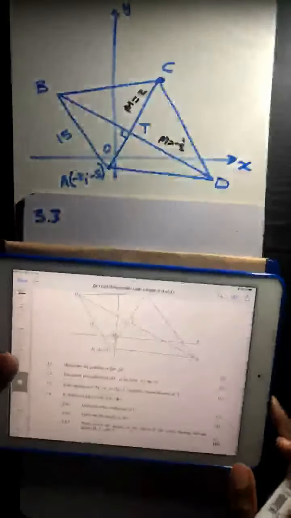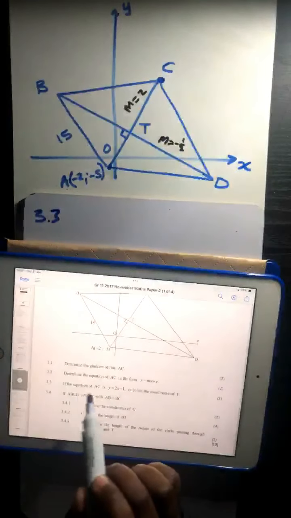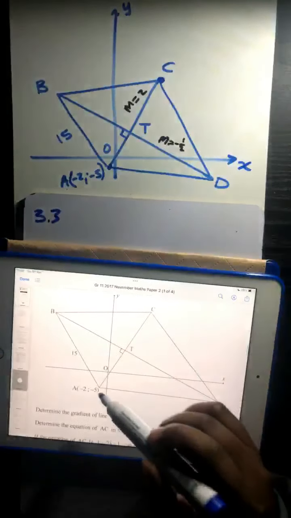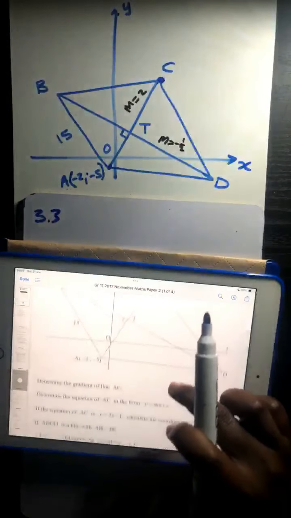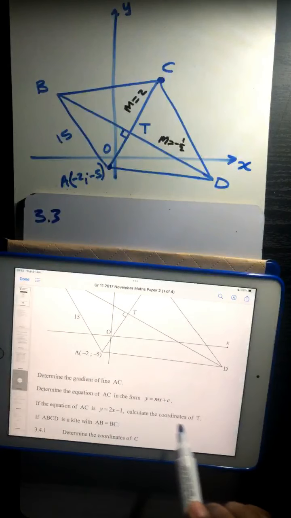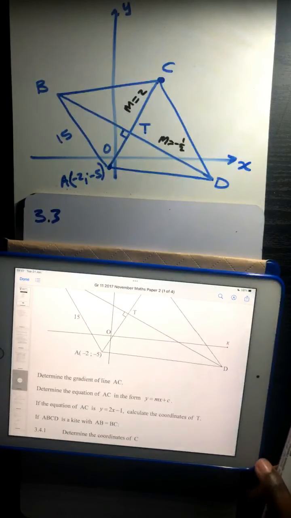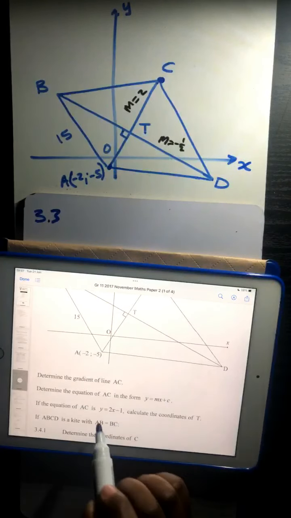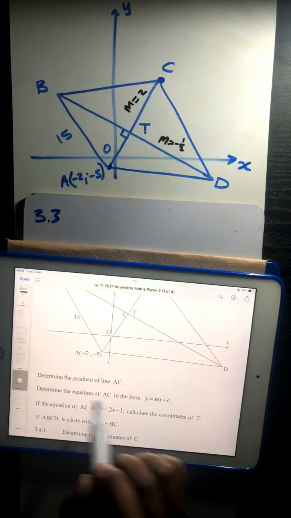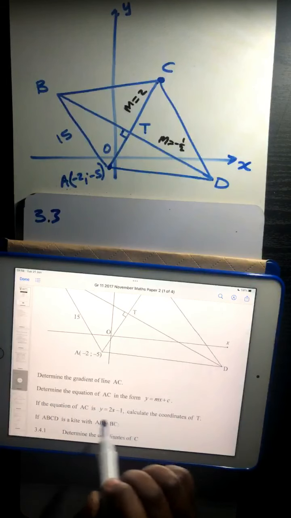So now let's maybe move to the next question, being 3.3. The question says, if equation AC, which is the equation that we're trying to determine, AC is y is equal to 2x minus 1, calculate the coordinates of T. So can you see, guys, this is what I meant yesterday when I was saying whatever you calculate there, just make sure it is the same as that.